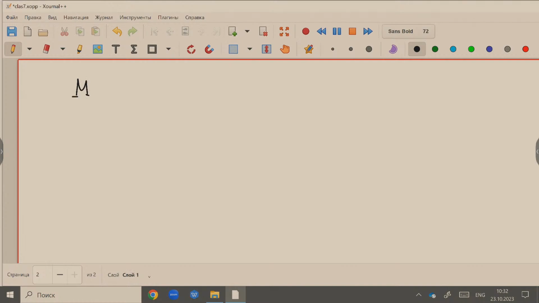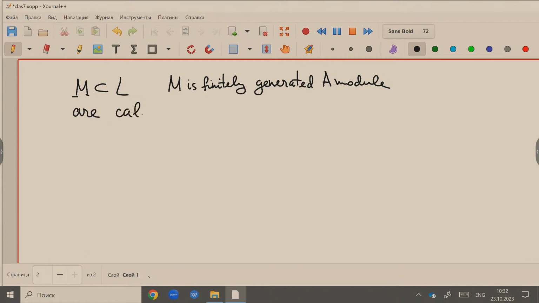We have considered modules M over L, where M is a finitely generated module, and these are called fractional ideals.